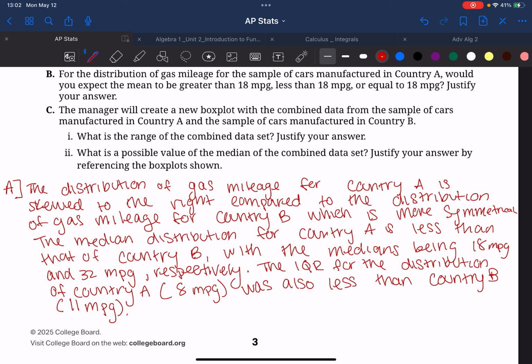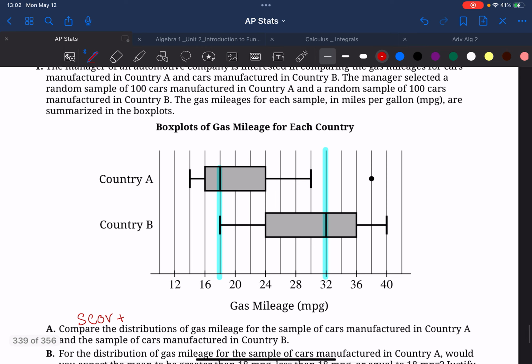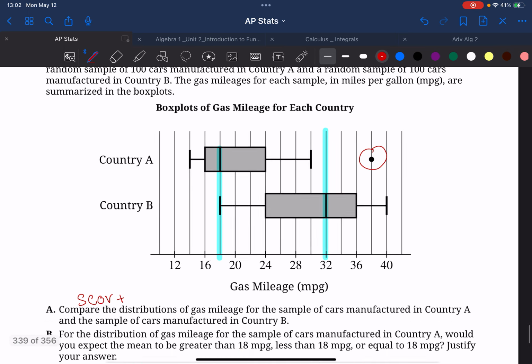And then lastly, I would make sure to mention if I see any outliers. If we look at country A, that is the only one that has an outlier indicated by that point outside of the furthest whisker. So we do have an outlier for country A, but no visible ones for country B, so I would write that down.